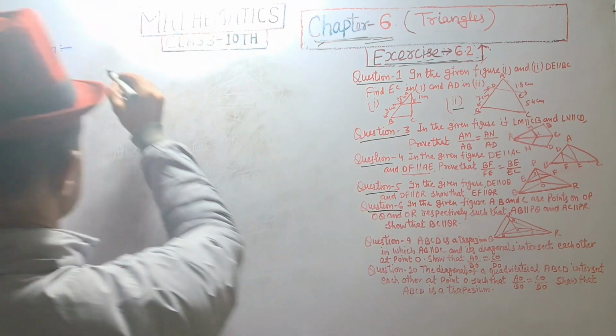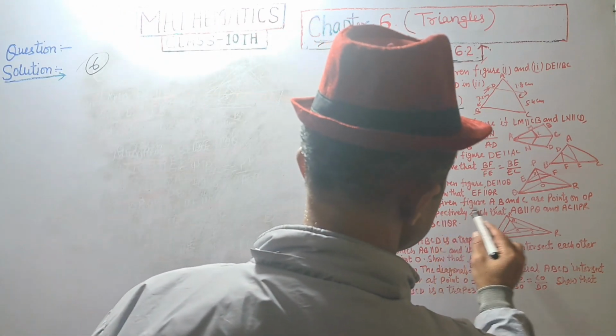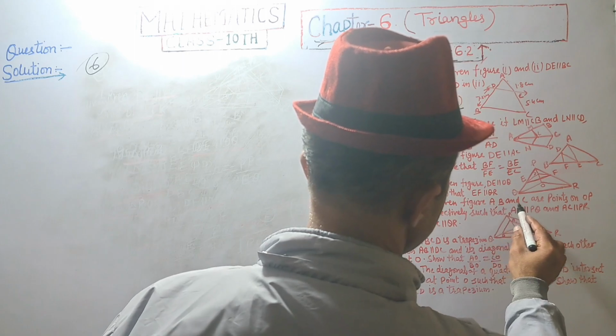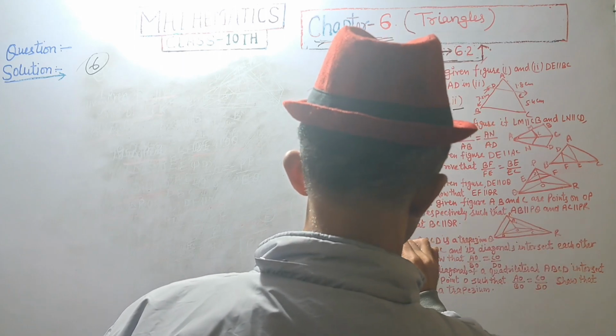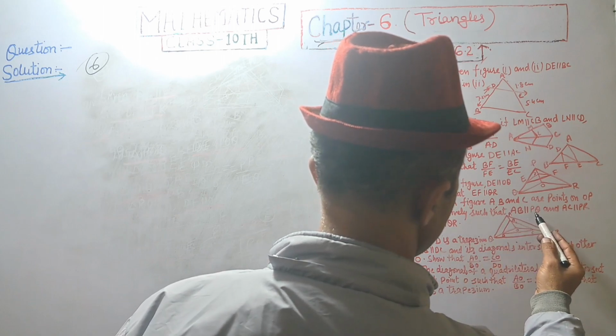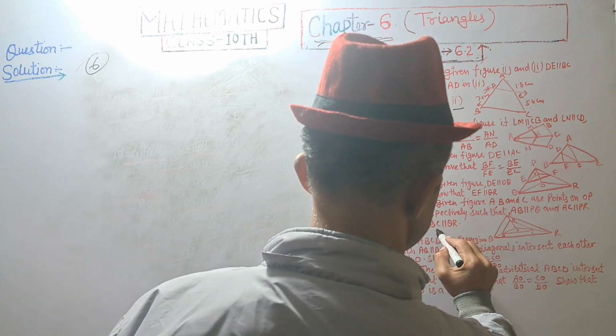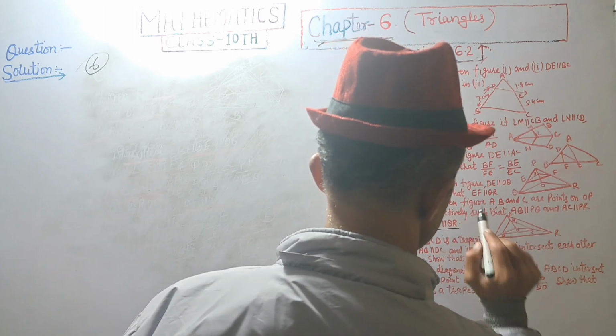Question number 6. In the given figure, A, B, C are points on OP, OQ, OR respectively such that AB is parallel to PQ and AC is parallel to PR. Show that BC is parallel to QR.